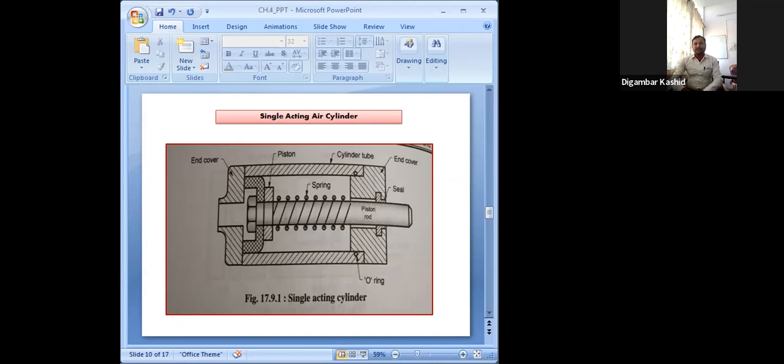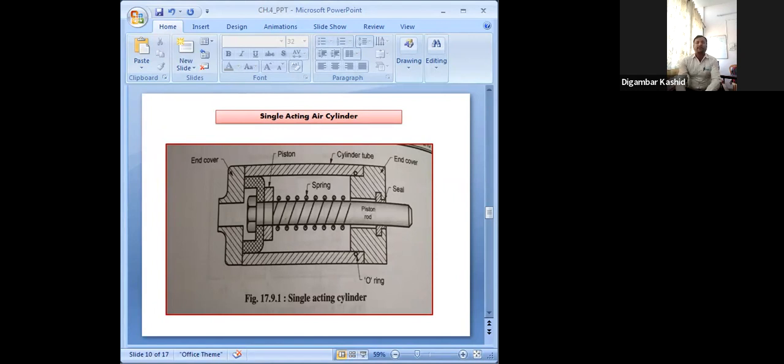Once again I am repeating, in this type of pneumatic cylinder, air only moves or pushes the piston in only one direction, and the piston is returned by means of an external spring or gravity. So this figure is the spring return type single acting air cylinder, getting it? And in this, what is the construction?